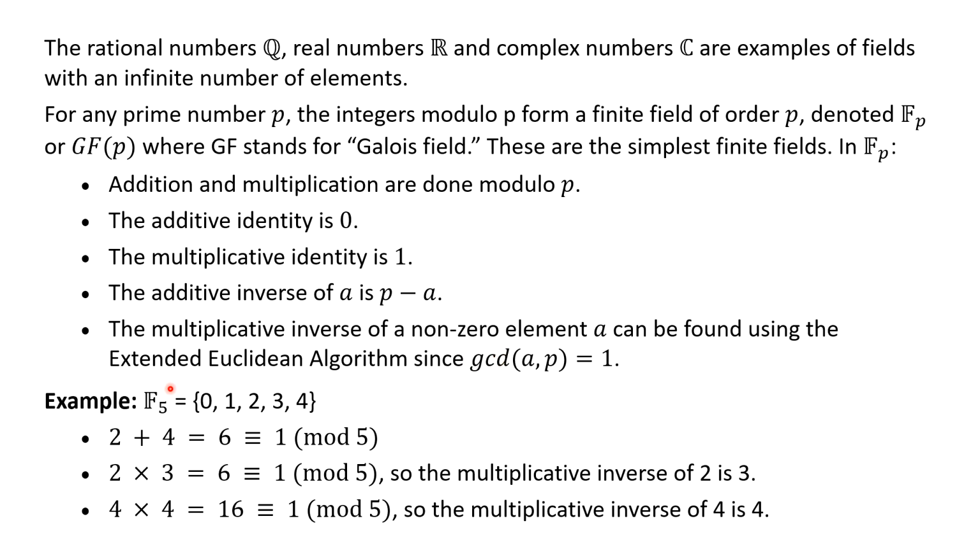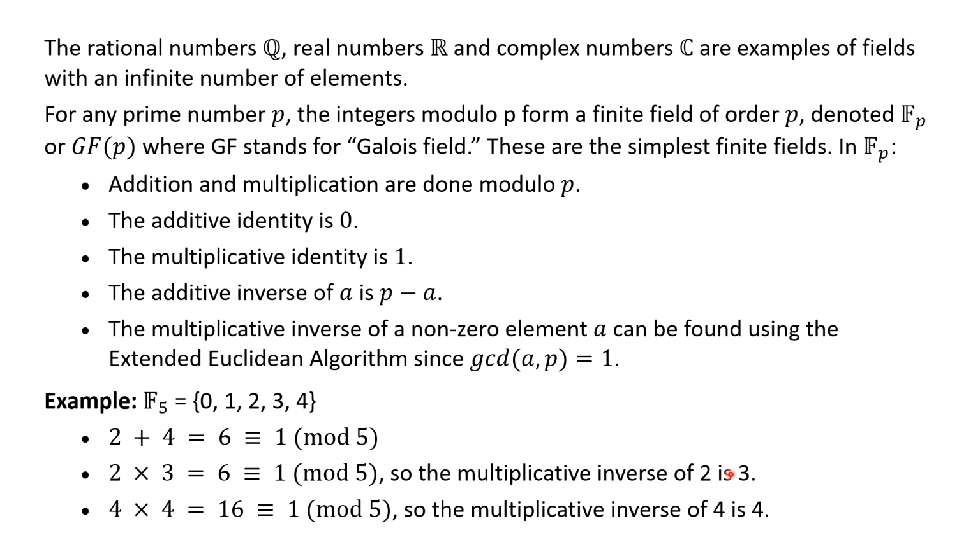So I give a few examples here where P is 5. And so you have these 5 elements. Then here's an example of addition. 2 plus 4 is 6, but mod 5, that's 1. 2 times 3 is 6, again that's 1 mod 5.